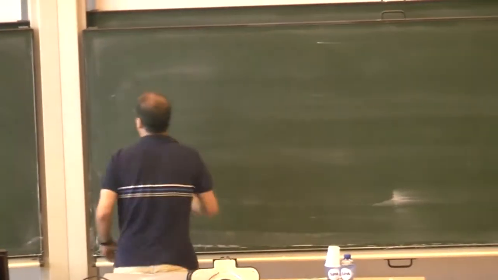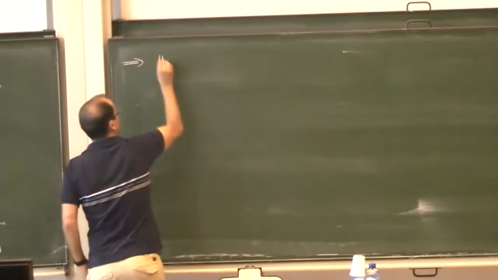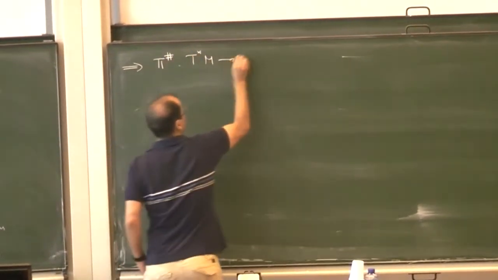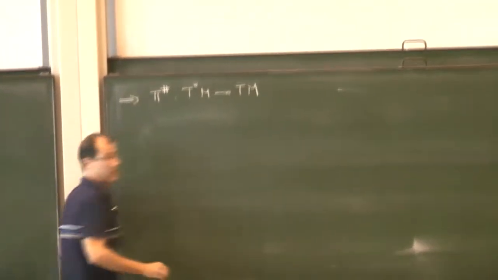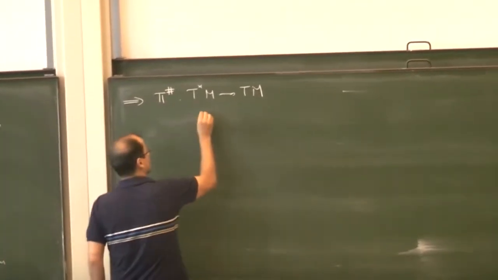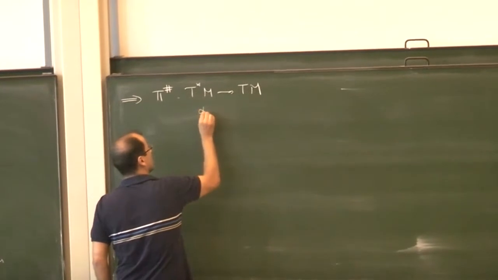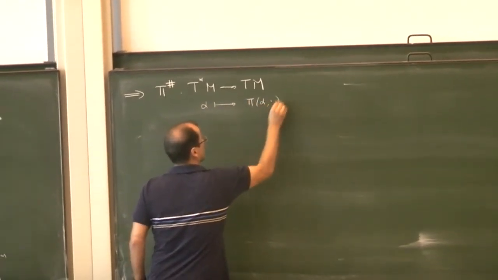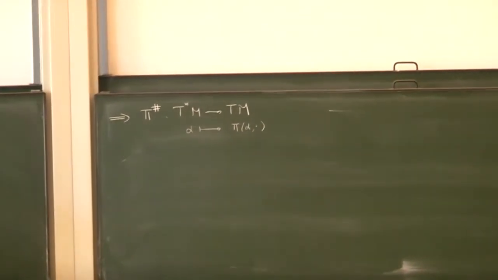Now, using this pi, you see immediately that we have a way of going from the cotangent bundle to the tangent bundle by contracting. If I have a covector here, I contract and I get a vector.